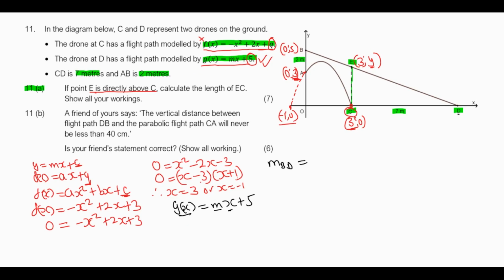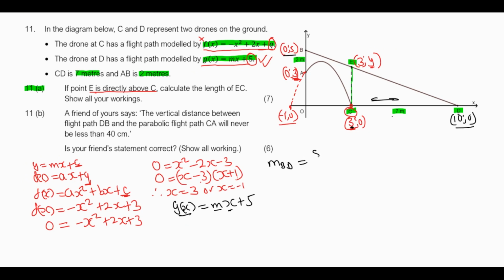CD is 7 units, so we add 7 to the x coordinate 3, because this is a horizontal change. So the coordinates of D become 10, 0. Then we can find the gradient of BD: change in y over change in x.